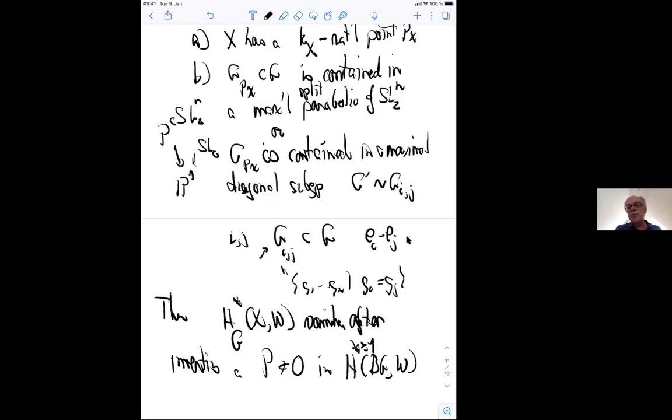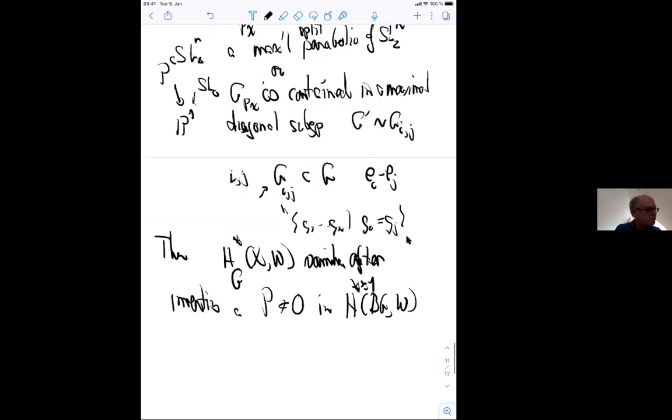So your two-dimensional representation has a one-dimensional subobject and a one-dimensional quotient. As I said, the Euler class of a line bundle is 0, but in an exact sequence the Euler class of the term in the middle is the product of the two Euler classes. So that kills the Euler class of that fundamental representation. That's kind of the reason why that works.